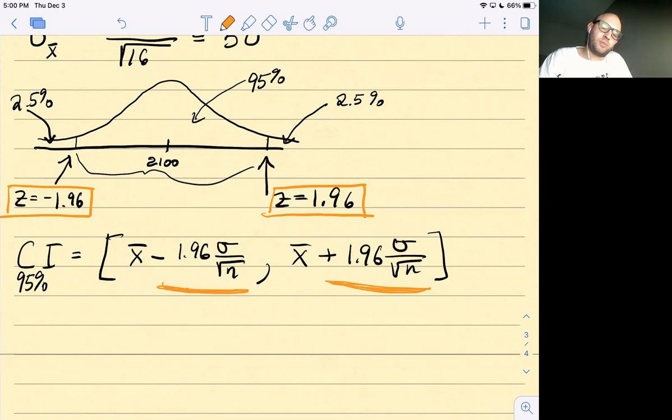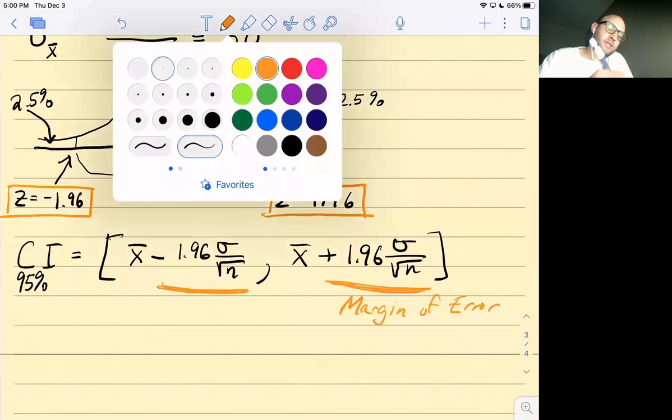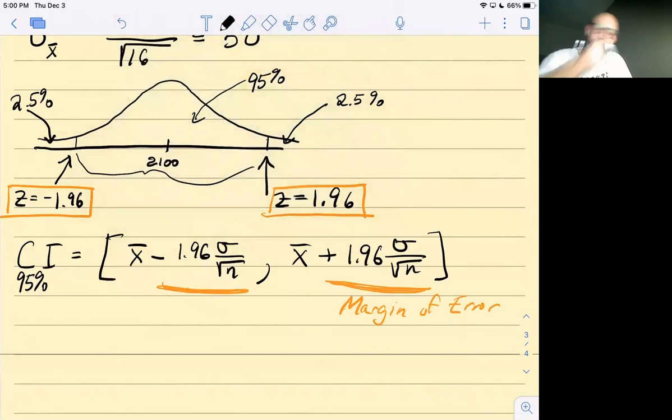This term, 1.96 times sigma over root n, is called the margin of error. So let's do an example, then we'll see how you can use this margin of error formula to come up with the desired sample size if you want to be within a certain tolerance.